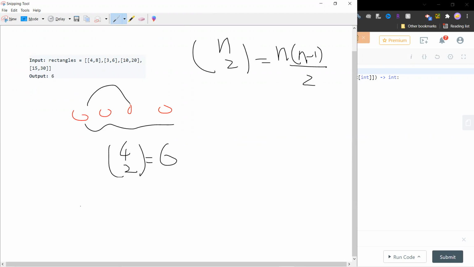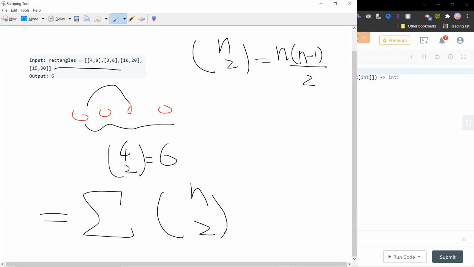So the result is the summation of n choose 2, where n is the number of different rectangles with the same ratio. You just sum over all the groups where the ratio is the same.